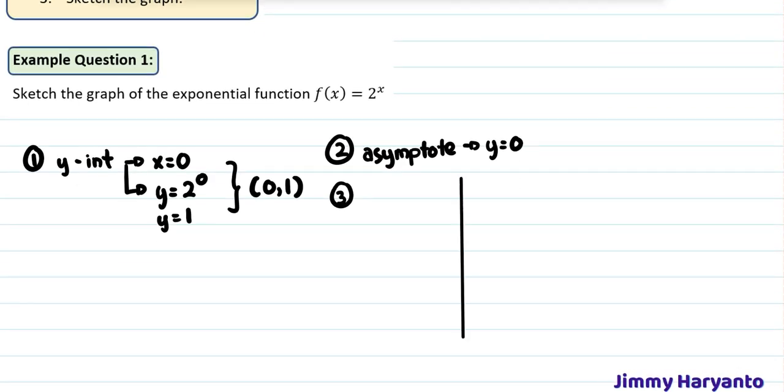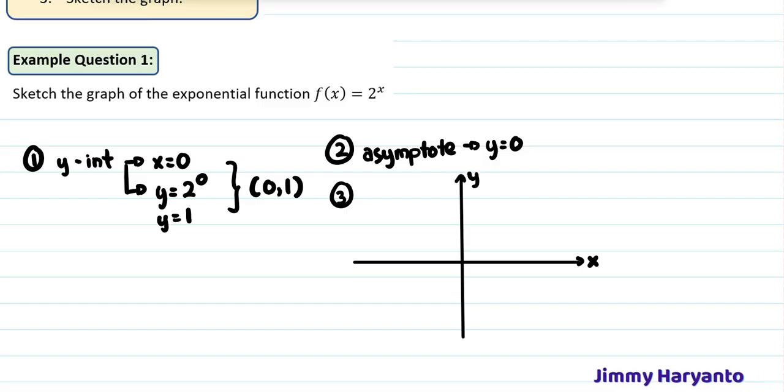You draw the x and y axes like this. This is y, this is x, and then you mark (0, 1). Let's say (0, 1) is right there, and then you draw the asymptote also. y equals 0 is a horizontal line at y equals 0 like this. And then after this you have to draw the curve.